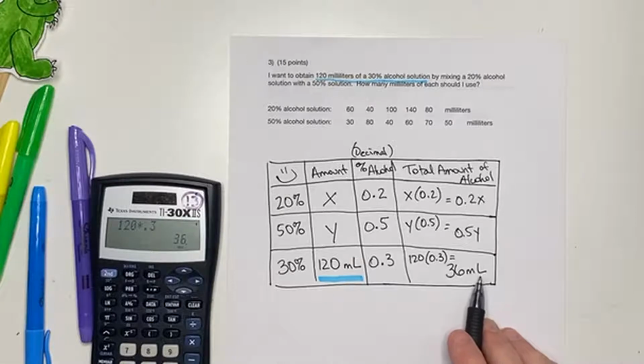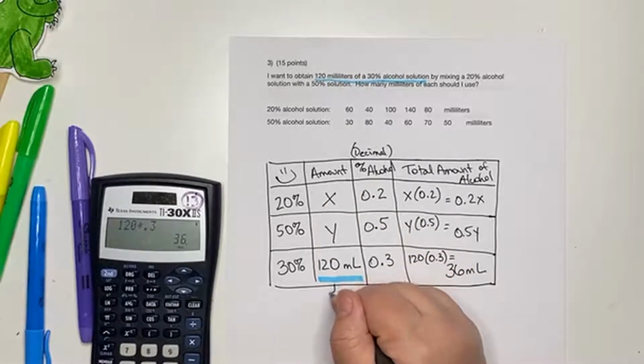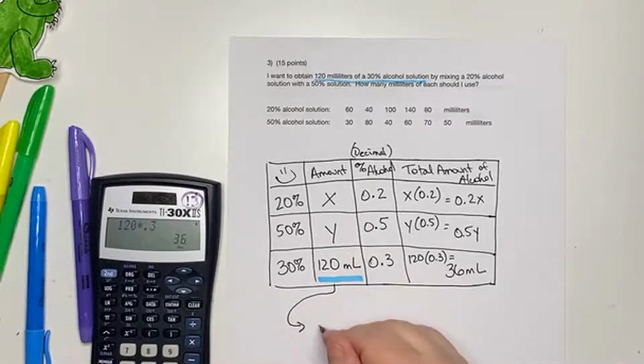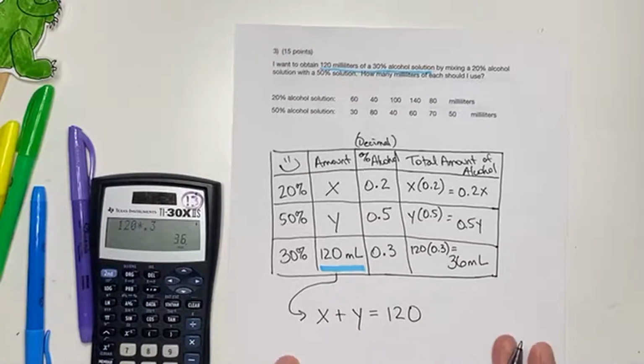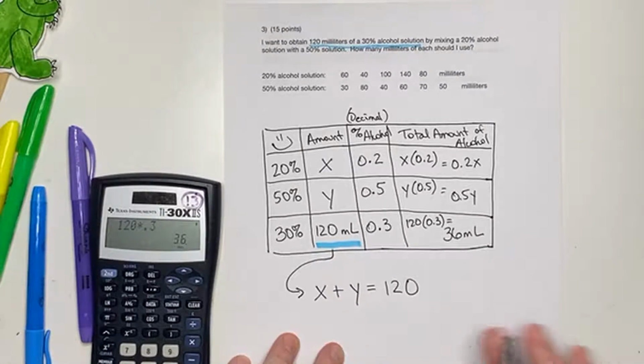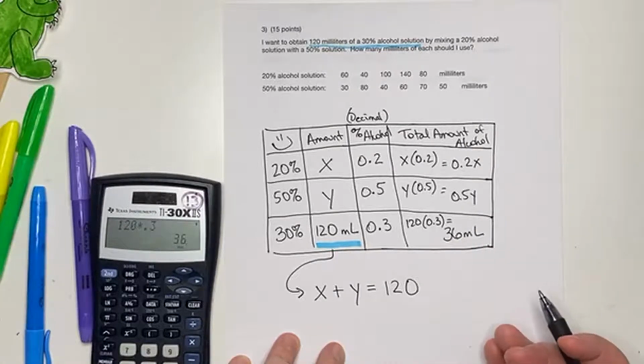So here's where we stand. The amounts need to line up. So if I add X plus Y, that's got to give me the 120. We're not doing the kind of chemistry where you would make something new, precipitate or something.